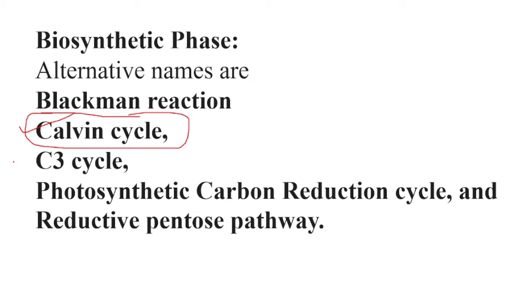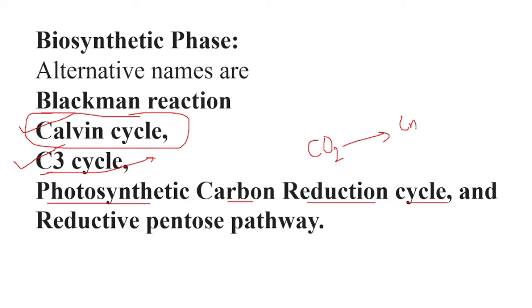This is also called the C3 cycle, where C means carbon, 3 carbon cycle. It is also called the photosynthetic carbon reduction cycle, because there is a reduction of carbon dioxide into carbohydrate.